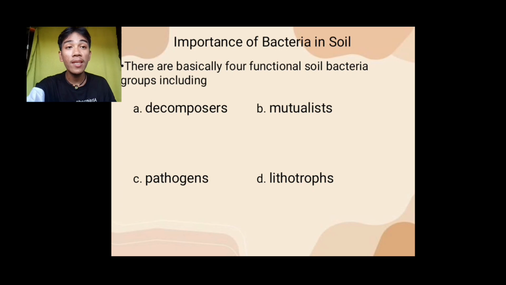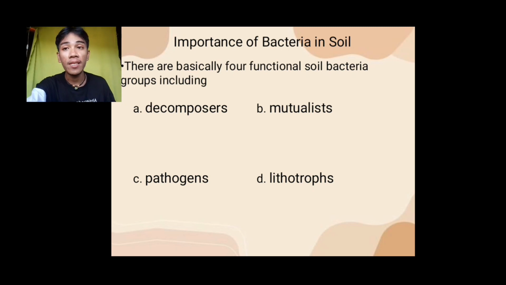While mutualists form partnership with plants like nitrogen fixing bacteria, while the pathogens induce disease. The agrobacterium causes gall formation in plants, while the lithotrophs obtain energy from inorganic compounds such as nitrogen, sulfur, iron, or hydrogen instead of carbon.